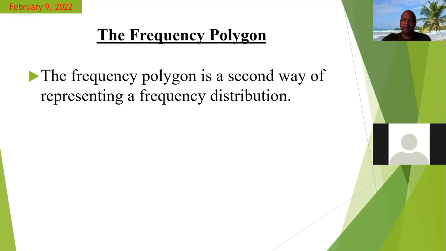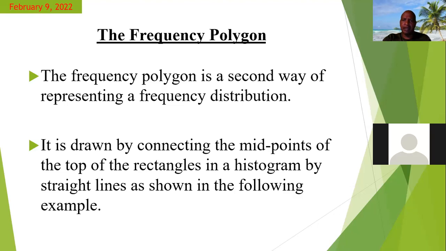So when we refer to a frequency polygon, we're really drawing a polygon from the histogram. Now, it is drawn by connecting the midpoint of the top of the rectangles in a histogram by a straight line shown as follows, all right?